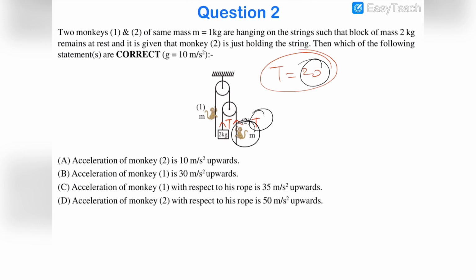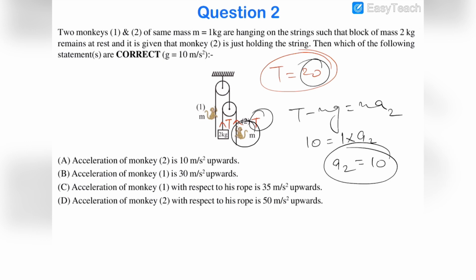So the net force on this monkey would be T minus mg, and this is ma2, as this is monkey 2. So this is 10 and it is equal to 1 into a2. So a2 will be equal to 10.